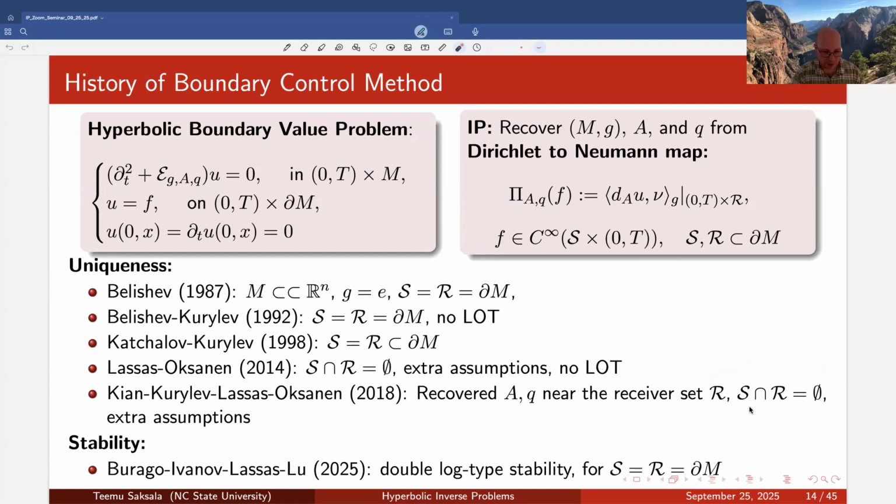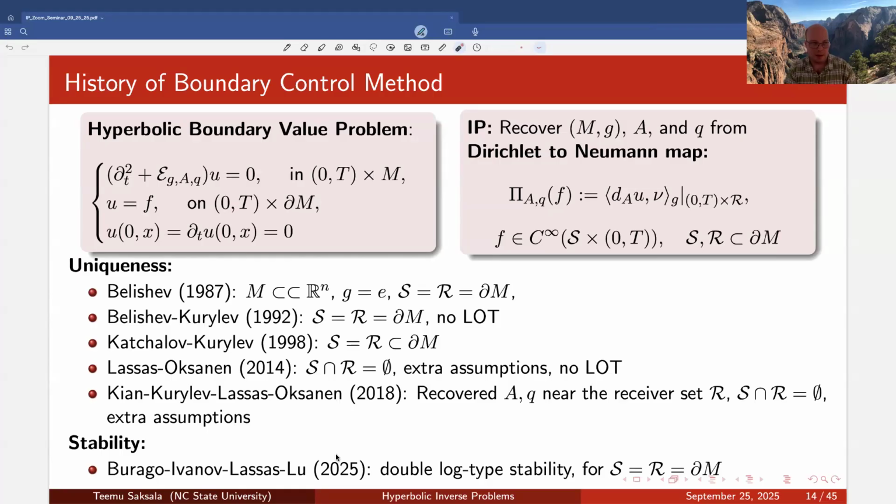And then the question about stability. What kind of works are there which are built on this boundary control regime and give me stability? There are a couple of works on that, but maybe the most recent one is by Burago, Ivanov, Lassas, and Lu, which shows that you can actually recover your Riemannian manifold with boundary only double-log stably.